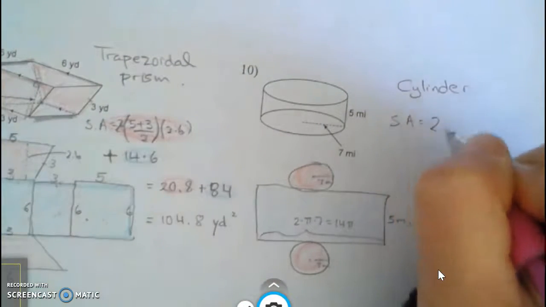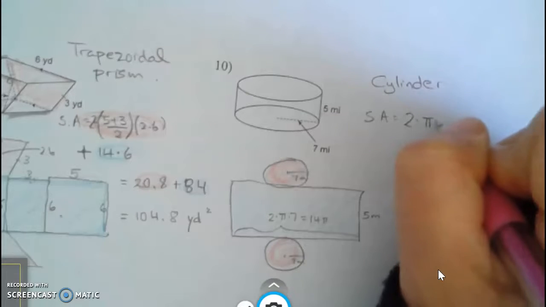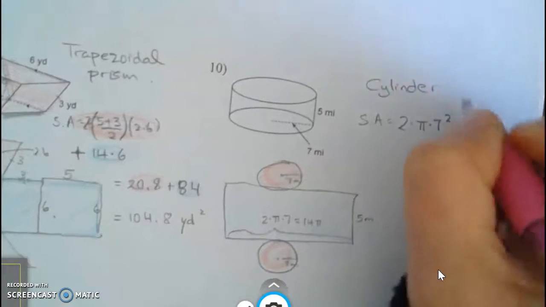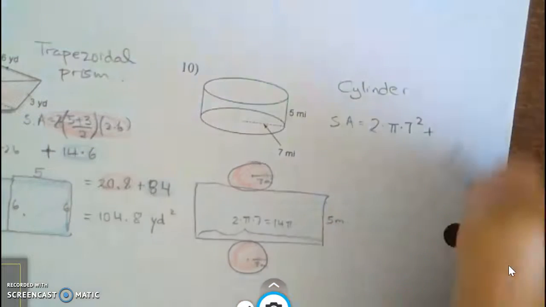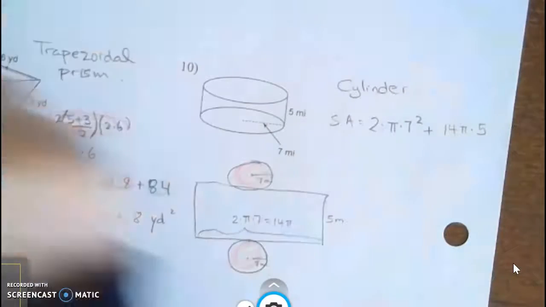So there are 2 of the circles, so each circle is going to be pi r squared, so pi times 7 squared. And the rectangle is 5 by 14 pi, so 14 pi times 5.